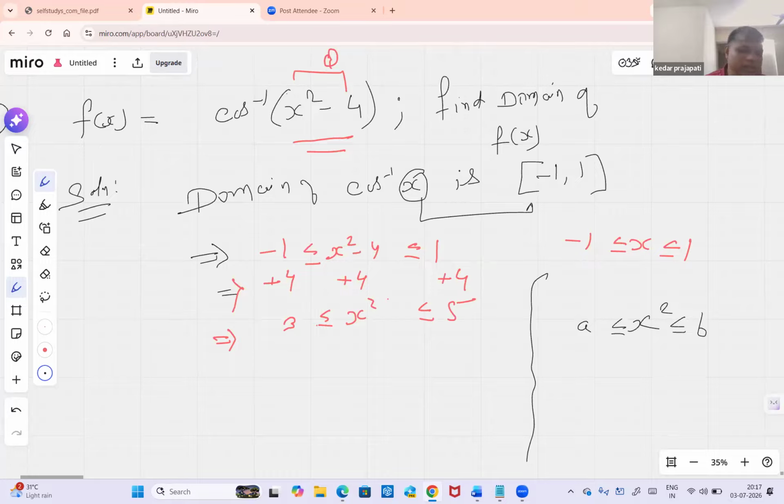So simply x belongs to minus root b to minus root a, I'll tell you how, then union root a comma root b.